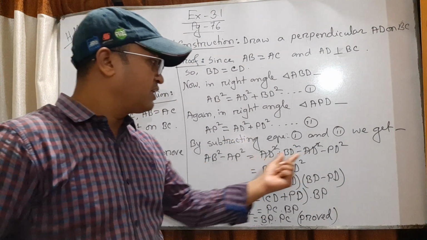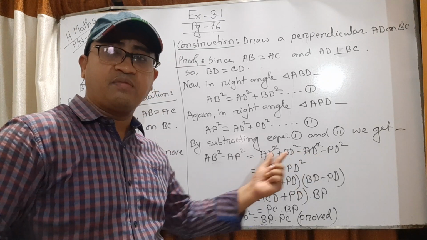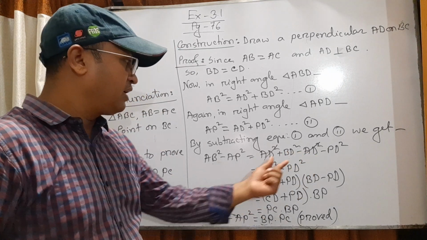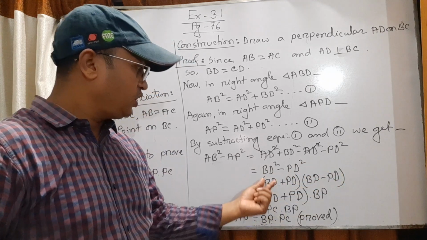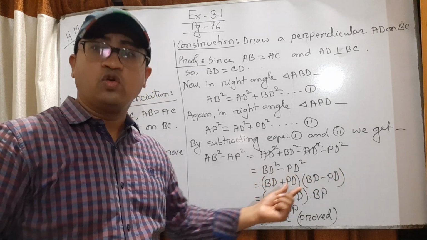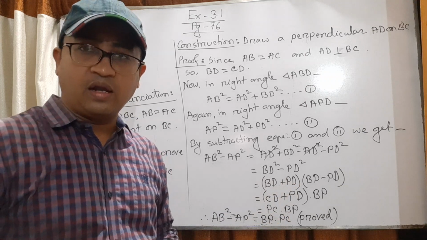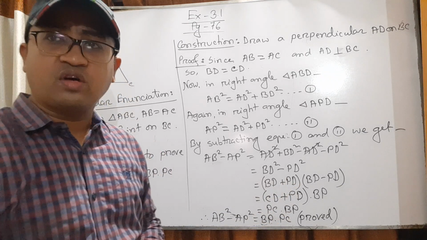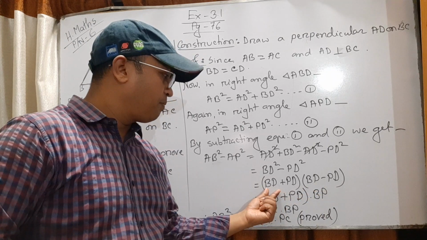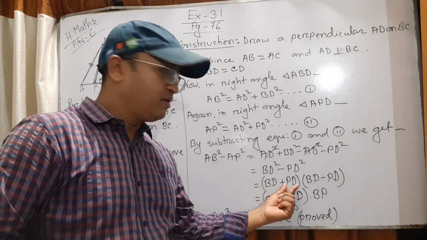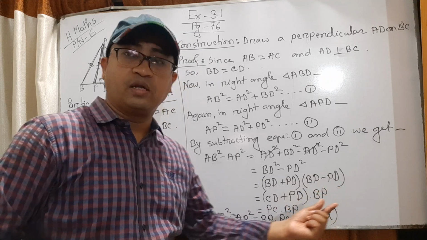But look, AD square minus AD square, we can cancel it. It remains BD square minus PD square. Look, this is A square minus B square. We can apply here the formula A square minus B square equals A plus B into A minus B. I mean BD plus PD, BD minus PD.